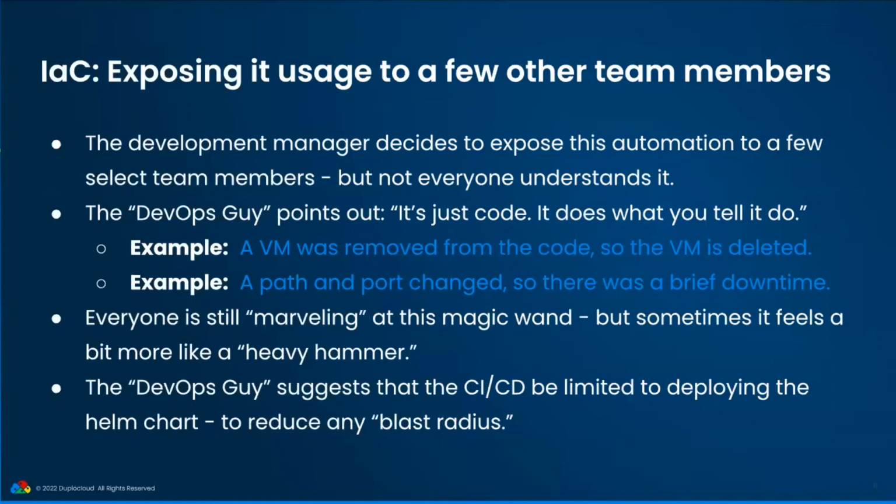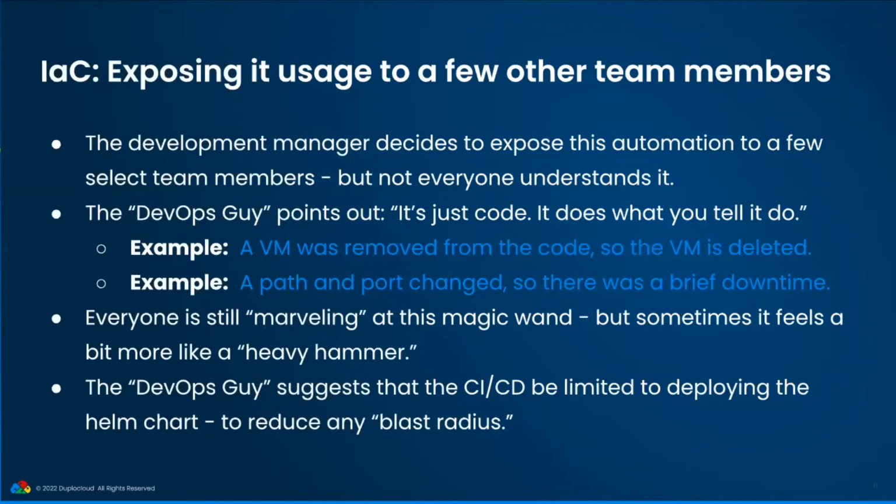Let's reduce some blast radius. Like he's trying to think of how do we prevent people from making these accidental changes, and that would fix this first blue bullet where the VM was removed, right? This means the CI/CD won't do that, but the second bullet, that's your app, so that would have still happened, right?